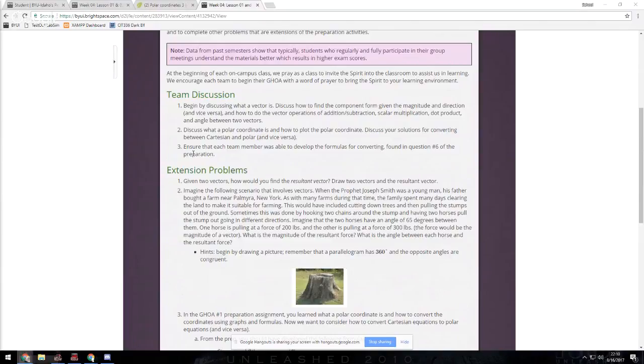And you have your little toolbox to convert between polar and Cartesian, such as r squared equals x squared plus y squared, your Pythagorean theorem. Tangent theta equaling y over x, which is from SOHCAHTOA, your tangent equaling opposite over adjacent. Y equaling r sine of theta, x equaling r cosine of theta.